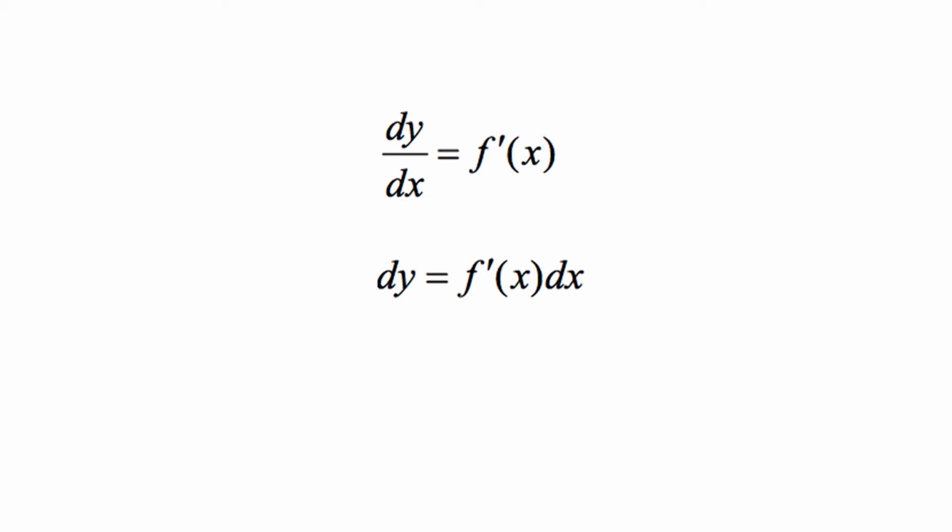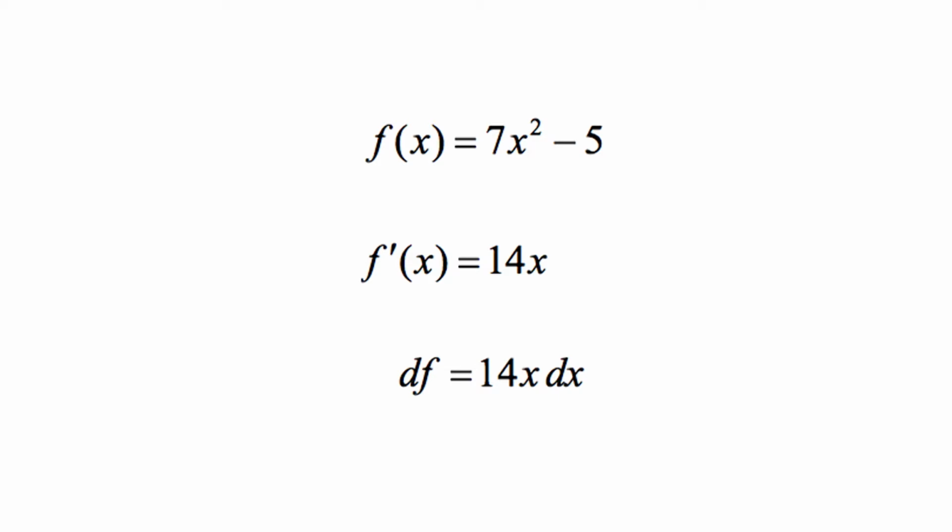We sometimes write df is equal to f prime x dx in place of dy is equal to f prime x dx and call df the differential of f. For instance, if f of x is equal to 7x square minus 5, since f prime x is equal to 14x, it follows that df is equal to 14x dx.